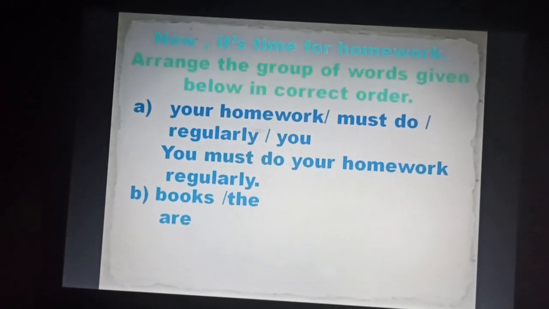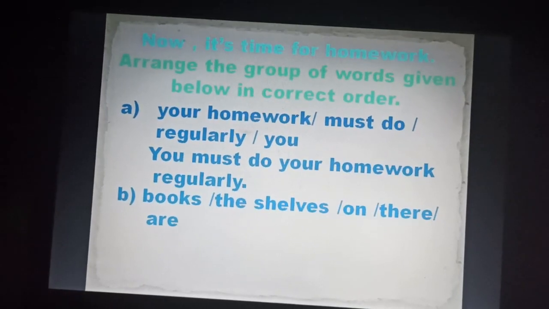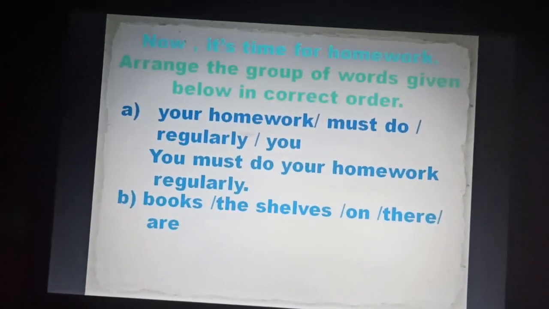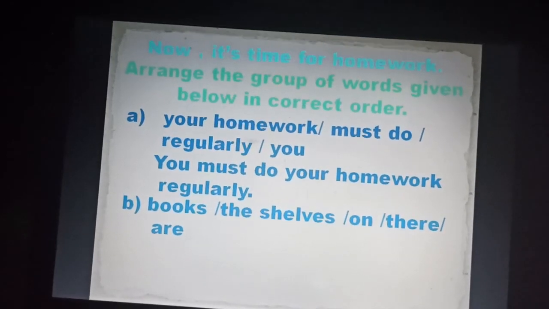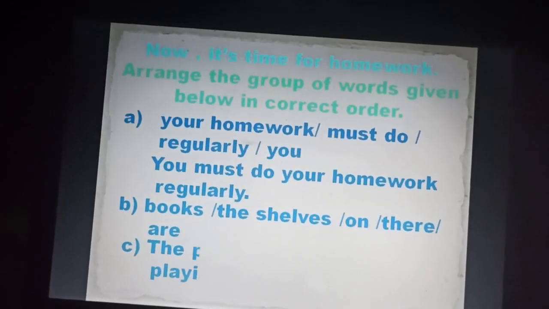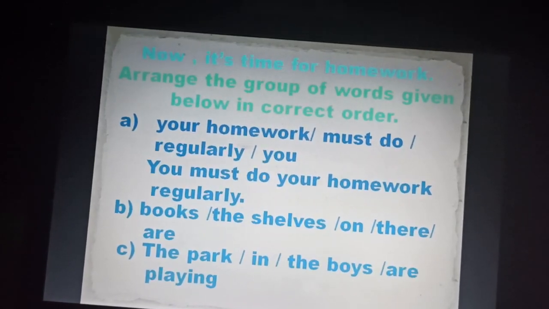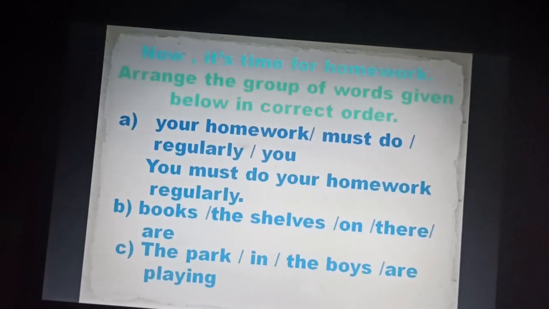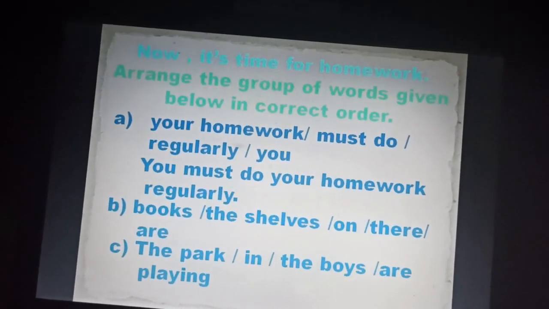Now B part you have to do: "books, the cells on there are." So you have to arrange them in a sentence. C part: "the park in the boys are playing." Again you have to arrange these words.